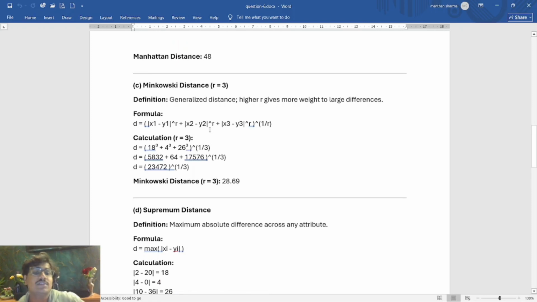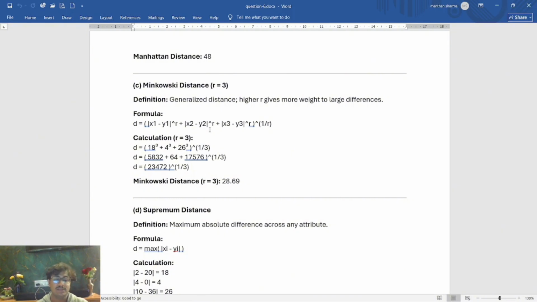And then Minkowski distance, where r is equal to 3. This is a generalized form of distance measurement. As r increases, the larger differences get more weight. The formula is (x1 minus y1) cubed plus (x2 minus y2) cubed plus (x3 minus y3) cubed, to the power 1 by 3.